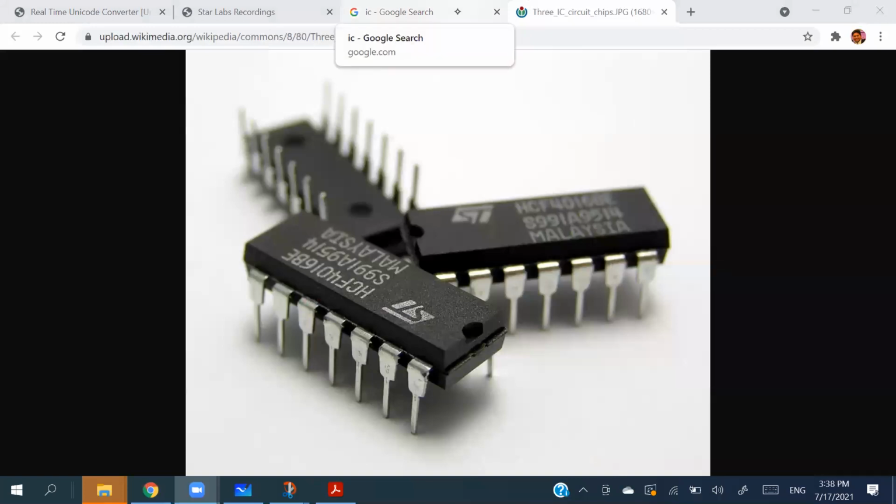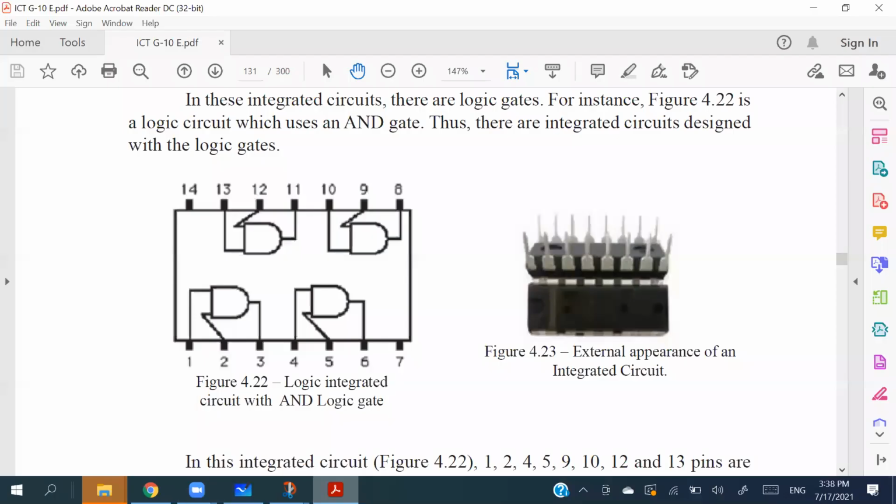So inside this, the gates function, connected to each other, right? So the mechanism happens something like this, right?